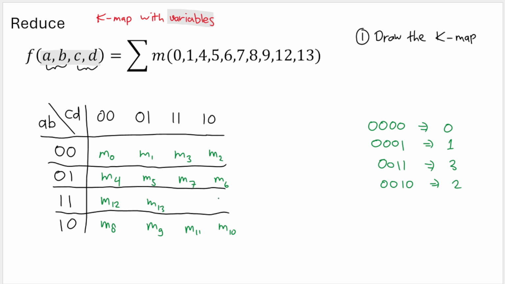And then we also have minterm number 14 here, because 1110 is 14. And then this one will be the last one here, minterm number 15. Good. Let's draw the separator between the columns here like this.